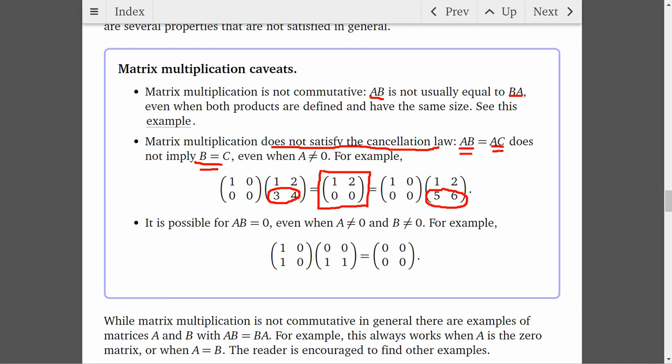It could hold, but that's just a coincidence. It's not a law. It's the cancellation coincidence, because it's not always true.